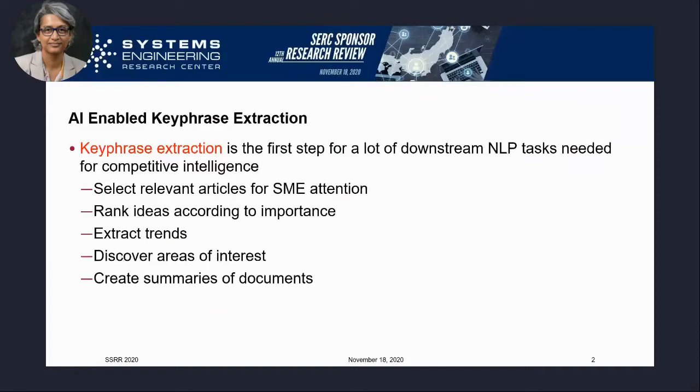So you can take a bunch of documents, find the key phrases from there, you get an idea of what the ideas are, and then try to rank them according to some importance. Extract trends of what's happening in the general area of interest, discover areas of interest, and create summaries of documents. Next slide, please.